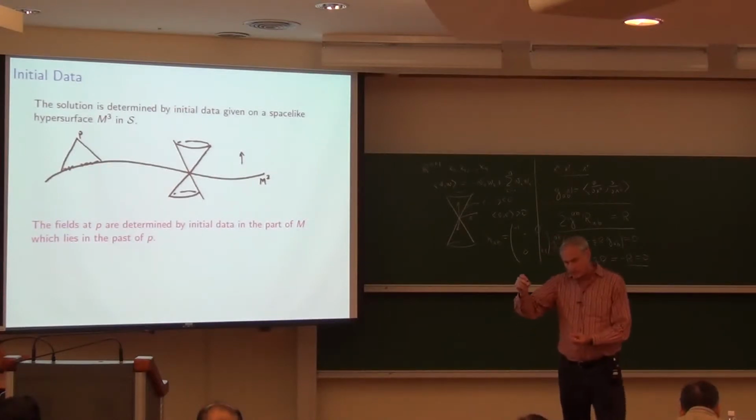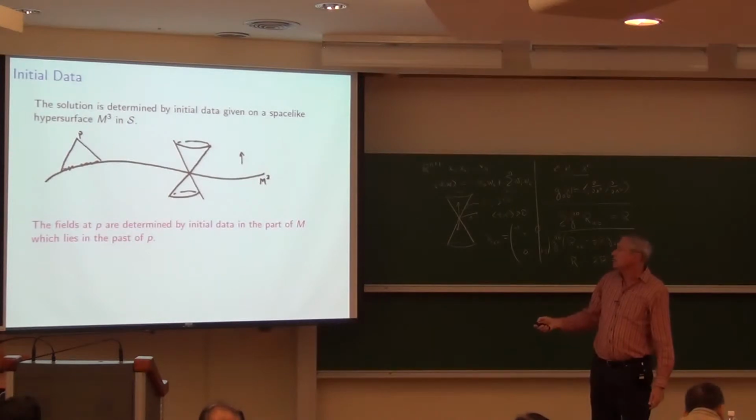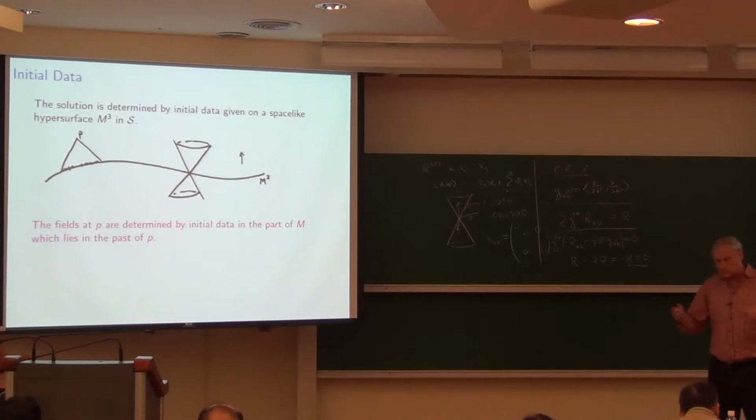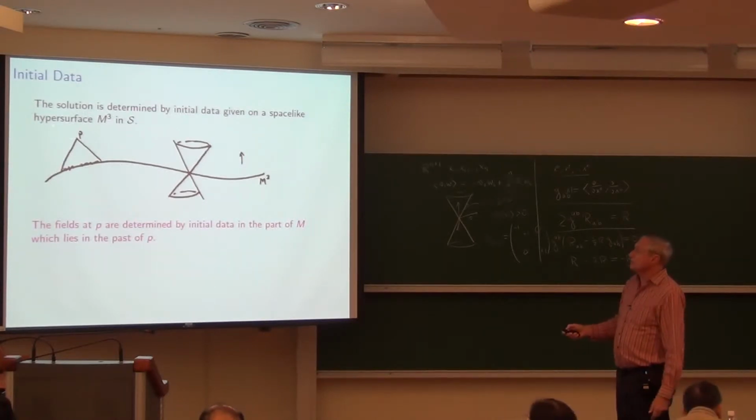If I take a point, I can look at its past: all time-like and null past-directed curves, and where that intersects the initial data. Only the data in there can affect the value of the gravitational field at that point. Unlike the Ricci flow or heat equations, where global aspects of the initial data affect points everywhere, this is a wave equation, so it can be localized: the solution only depends on what happens in the past of the point under consideration.